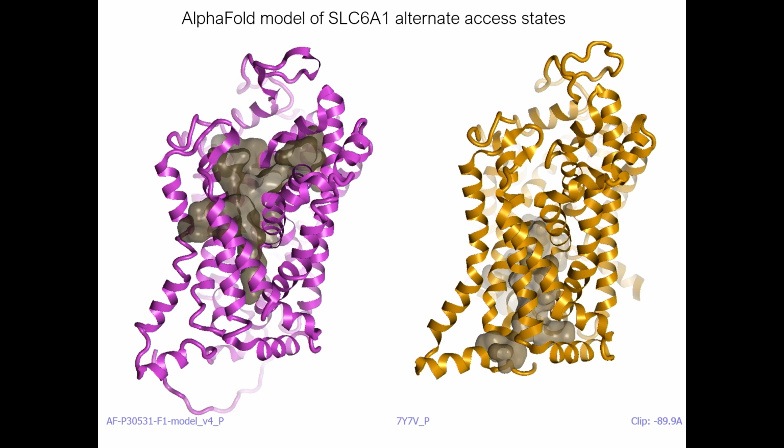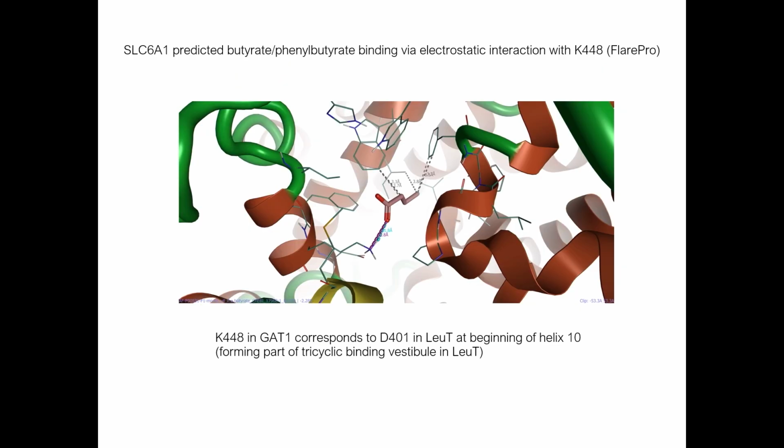So the machine learning algorithm helped us to get a clue about where butyrate might be binding in this outward-facing domain. And we used some other machine learning and molecular dynamics calculations in silico to predict where butyrate would be binding in that region of this outward-facing cavity. And both butyrate and, not shown here, phenylbutyrate are predicted by the algorithm to bind in the same place in the transporter.